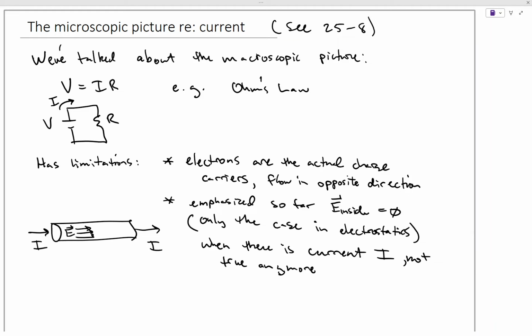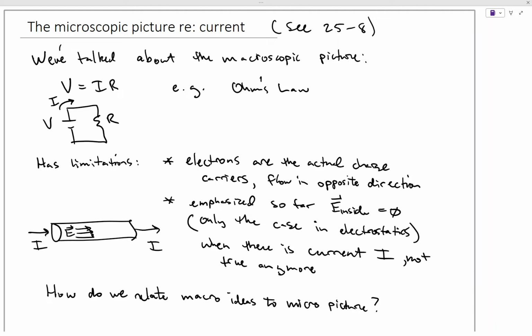So the question is basically, how do we relate these macroscopic ideas to the microscopic world? Okay, so that's why we're talking about this topic.